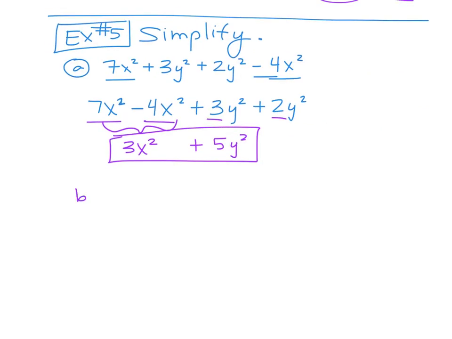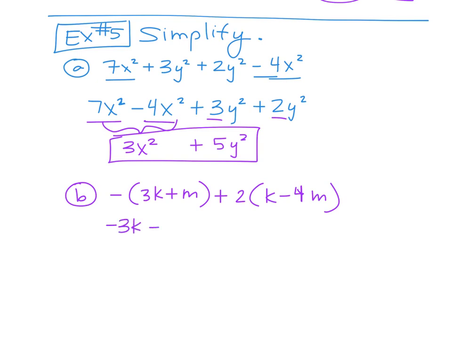Second one. Here's where we're going to start seeing a few mistakes. Help me simplify that. What do you get first?